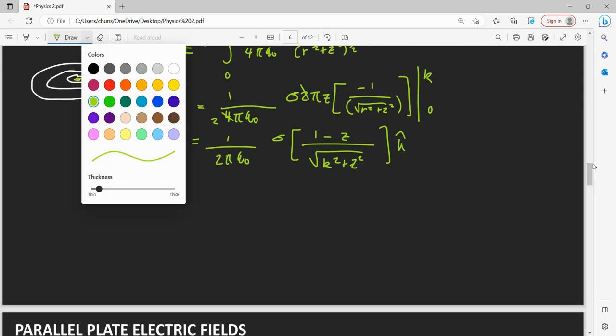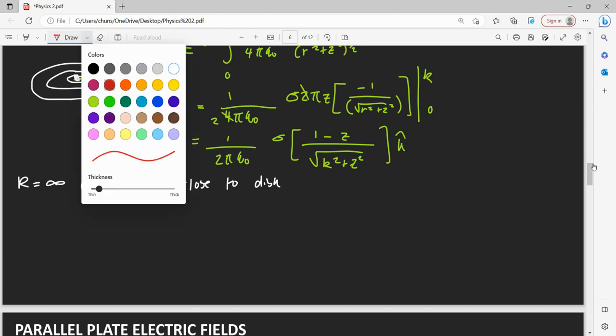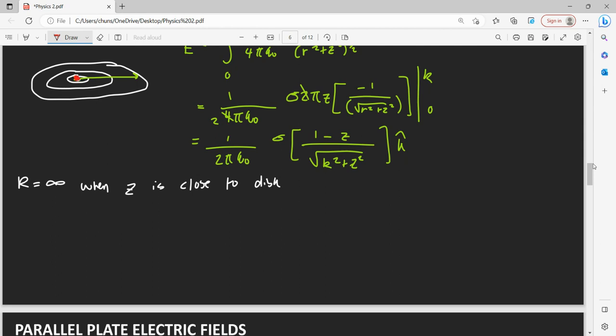Another limiting case is R equal to infinity, or z close to the disk. So think about when you're in an aircraft. When you're in an aircraft, your city looks a lot smaller, but when you're on the ground, it looks a lot bigger, right? So if we have our point z measured from 0 at a height of 0, our radius is going to look a lot bigger to it.